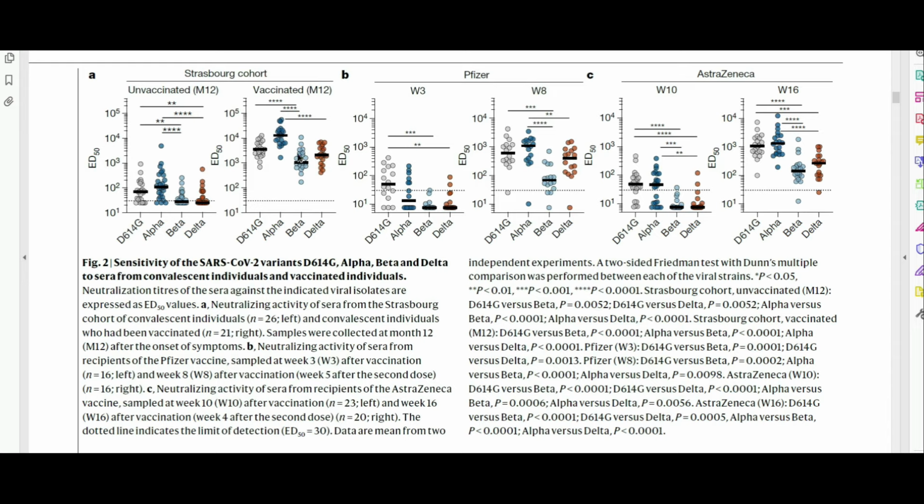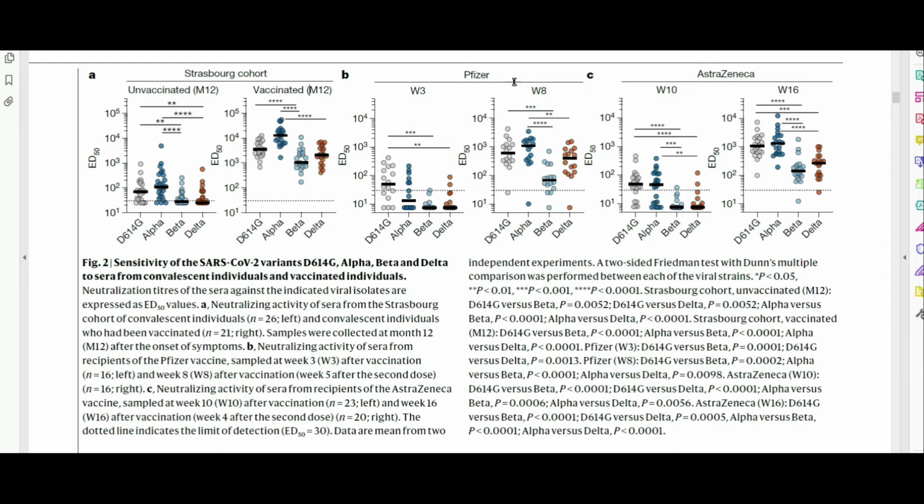And so we do see here that there is a reduction in neutralizing antibodies in the blood of people who are vaccinated to the beta and delta variants, but it's still higher than the people who were unvaccinated. And we can actually see on the side here, these concentrations are logarithmic, so it's considerably higher for the vaccinated people than the unvaccinated.